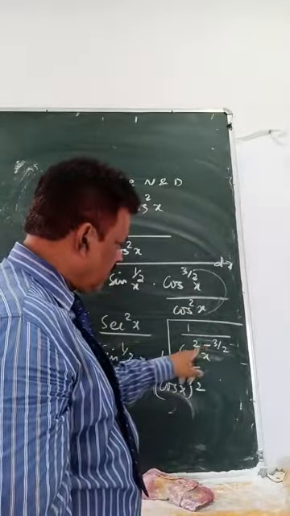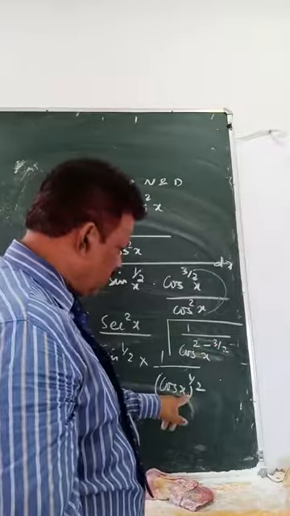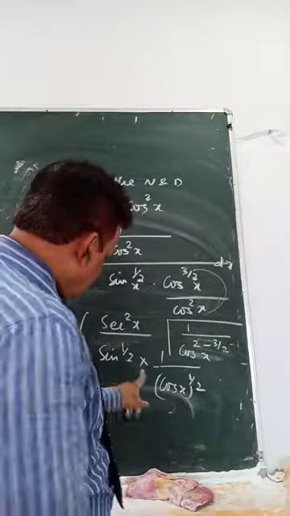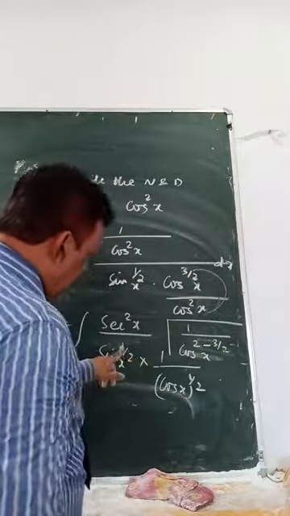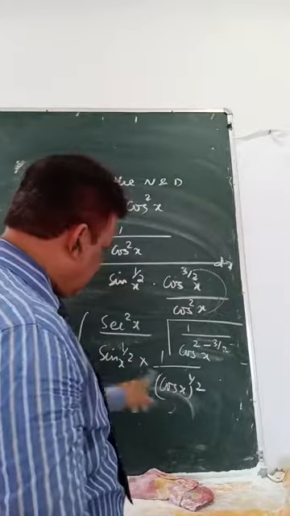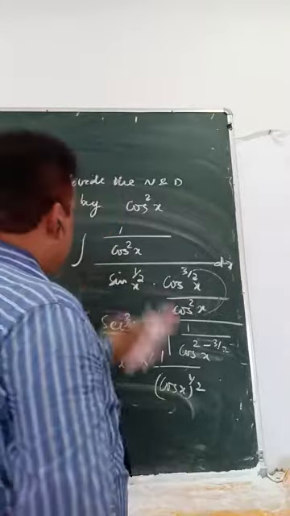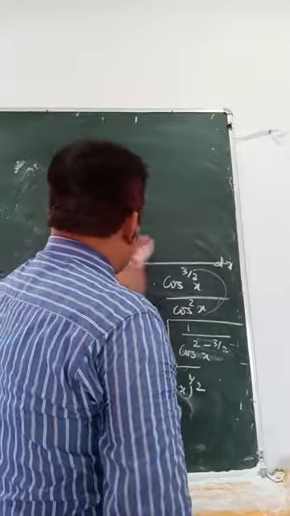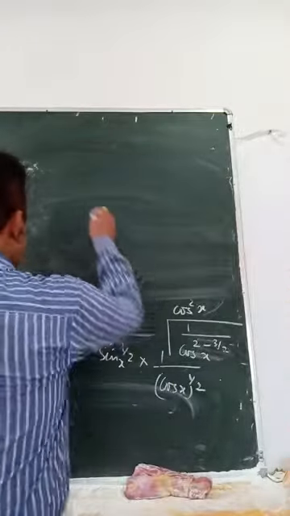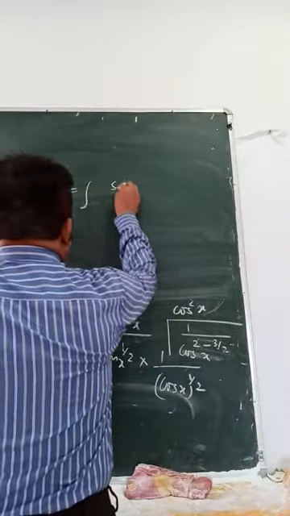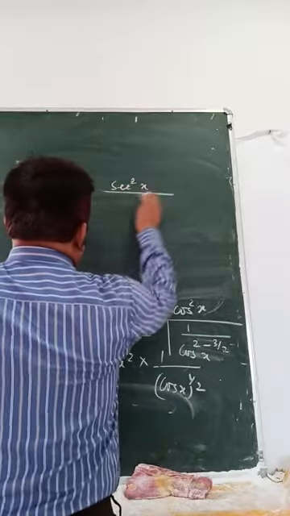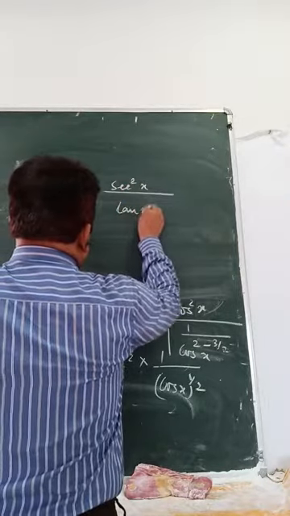So 4 minus 3 is 1 by 2, so 1 by 2 I have written here. Now sin x power half, cos x power half, this is tan x. So it became sec square x by root of tan x.